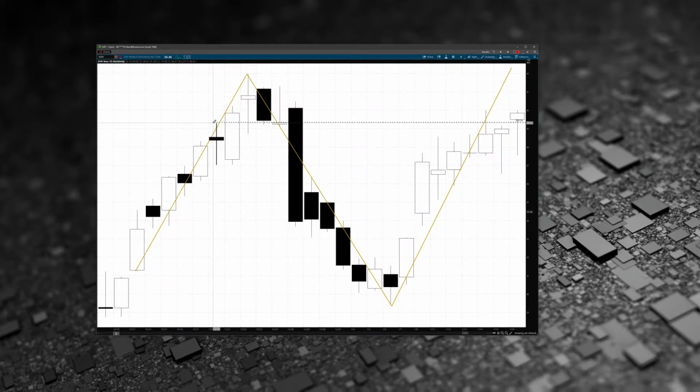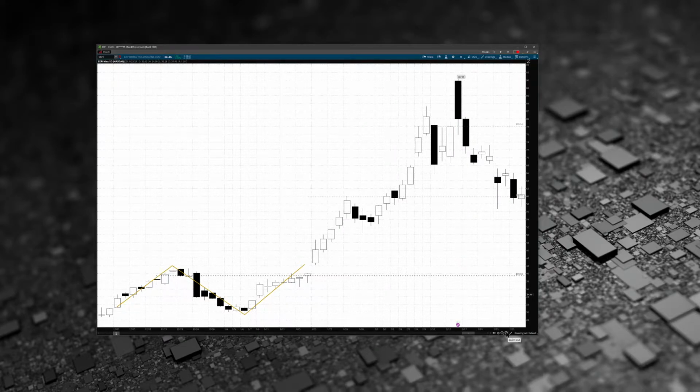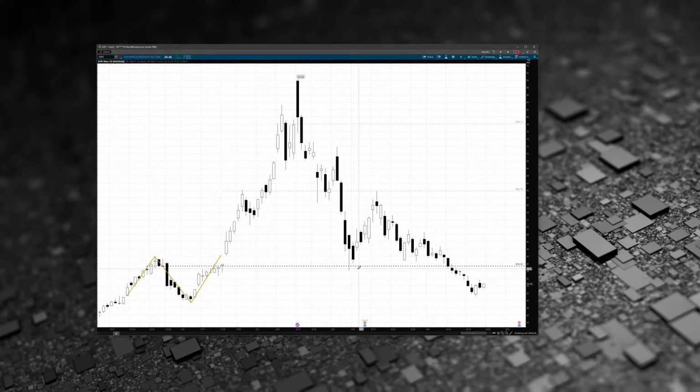So right here you've got resistance, support, support, support, resistance. Come back, test it there. There you go. You'll also notice that we had another daily high right here. Resistance probably acted as support in there, but resistance has actually acted as resistance more often, so it doesn't really matter.